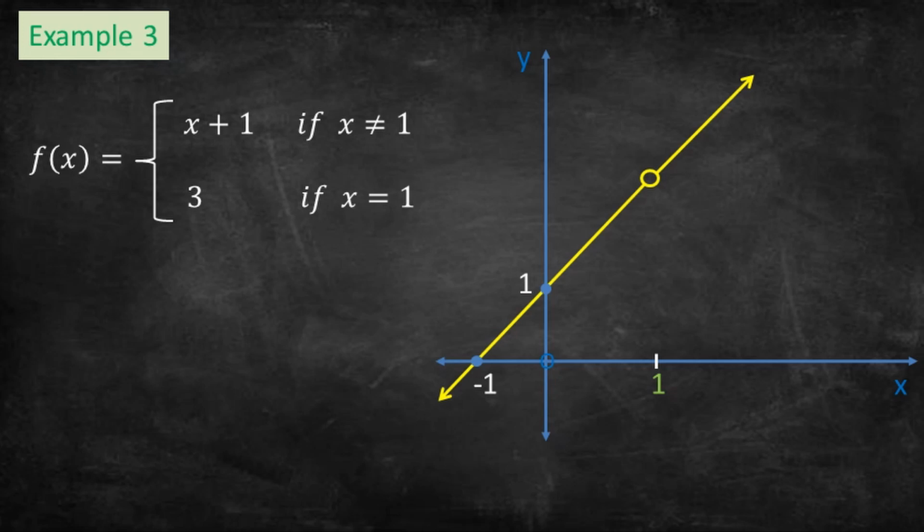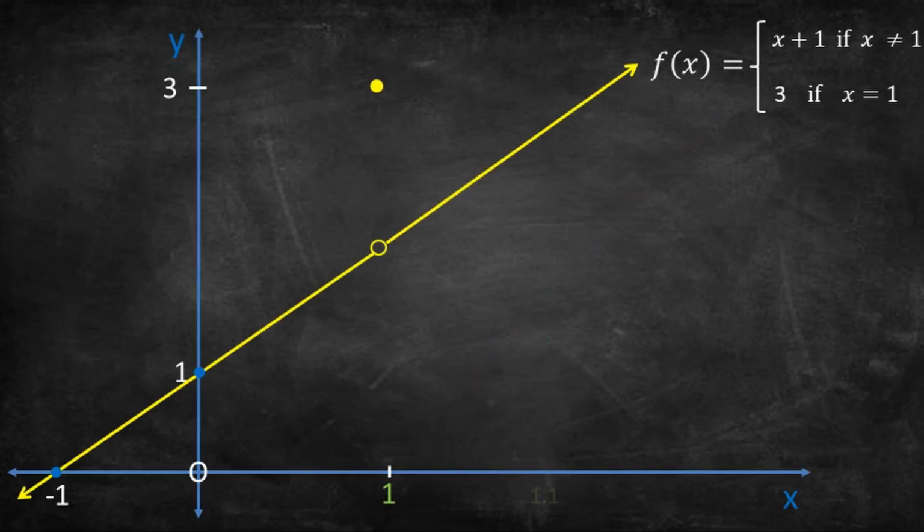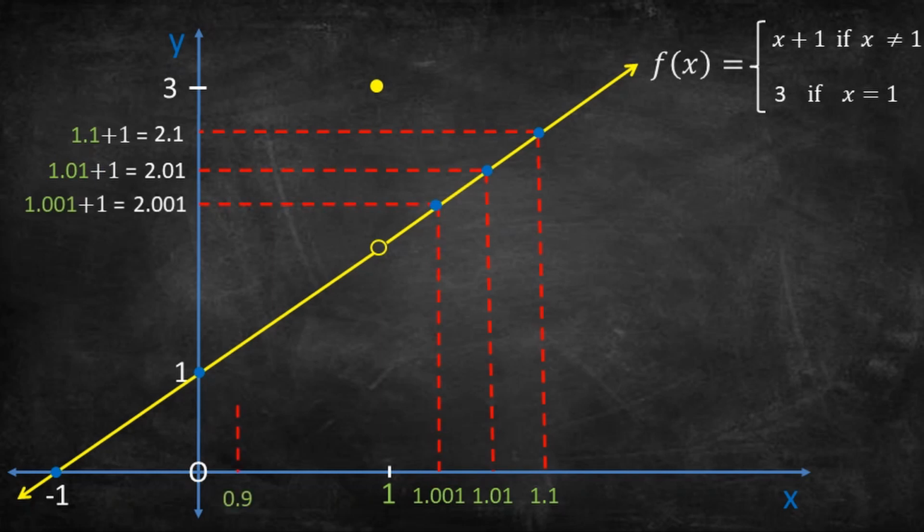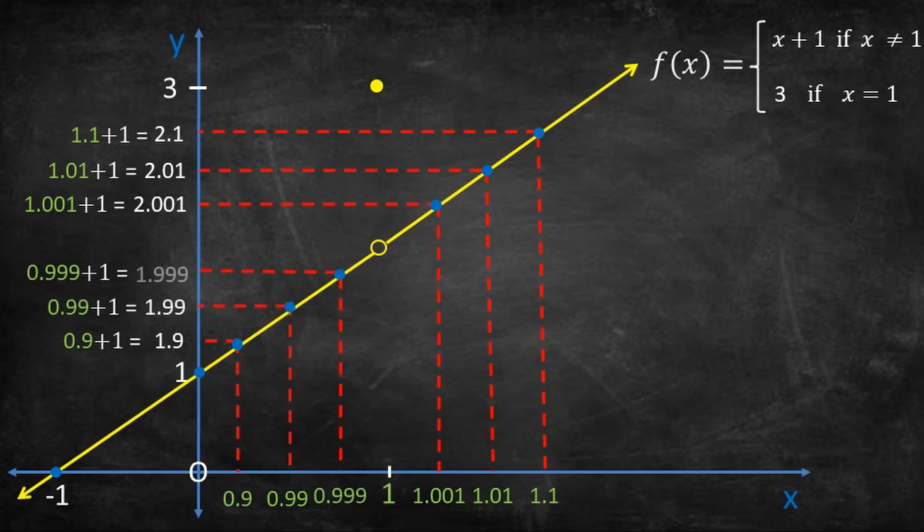In other words, we have a hole in the graph at x equal to 1, and the function value at 1 equals 3. So once again we can investigate what happens to the function values as we approach x equals 1 from above and below by substituting values closer and closer to 1 on the x-axis into the equation and then finding the corresponding function values.